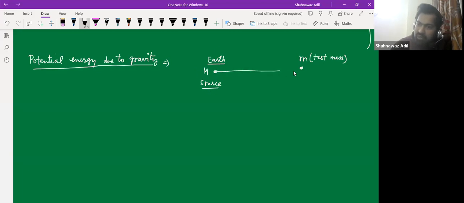Let's say the separation between them is R. So potential energy is simply defined as minus GMm divided by R.